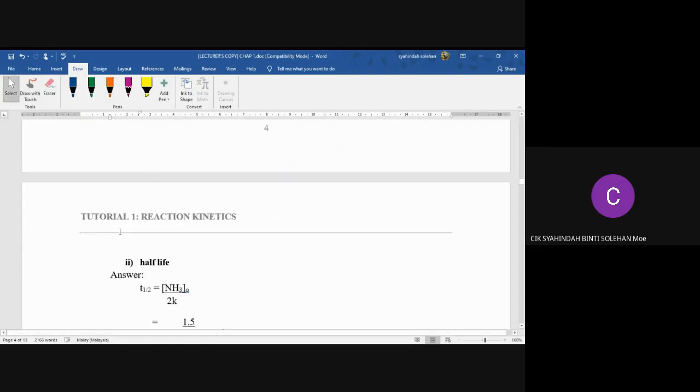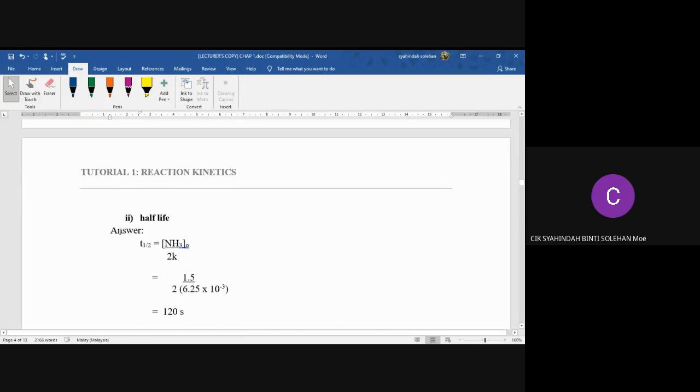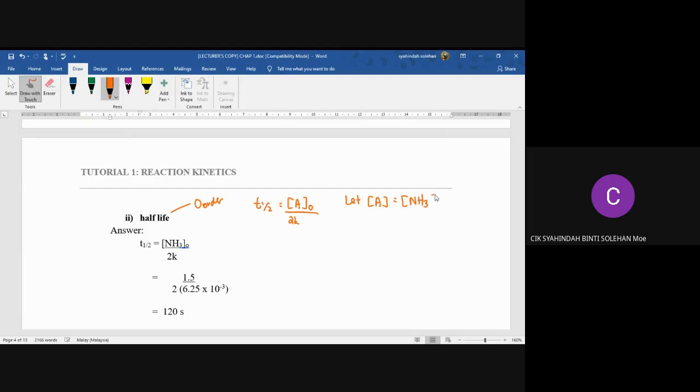Alright, so next, half-life. Soalan suruh kamu cari half-life. Half-life, since soalan bagi zero order, okay, so you kena hafal zero order reaction untuk half-life, which is t half is equals to concentration of your reactant initial bahagikan dengan 2k. Tapi kalau you dah buat let concentration A, reactant A tu you gantikan dengan ammonia, so you tak perlu buat masukkan ammonia ni, you boleh terus guna this one.